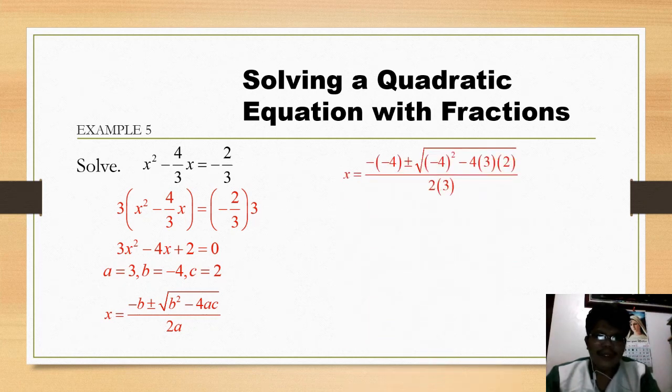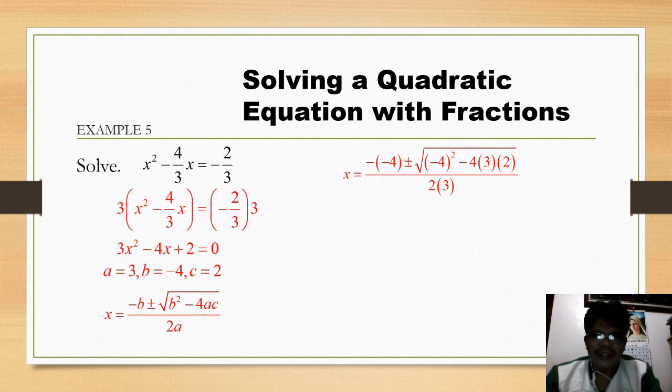It becomes x equals negative times the quantity of negative 4 plus and minus the square root of the quantity of negative 4 squared minus 4 times 3 times 2 all over 2 times 3. Simplify, so we have now negative times negative 4, of course it becomes positive 4. Negative 4 raised to the second power, so it becomes now 16.